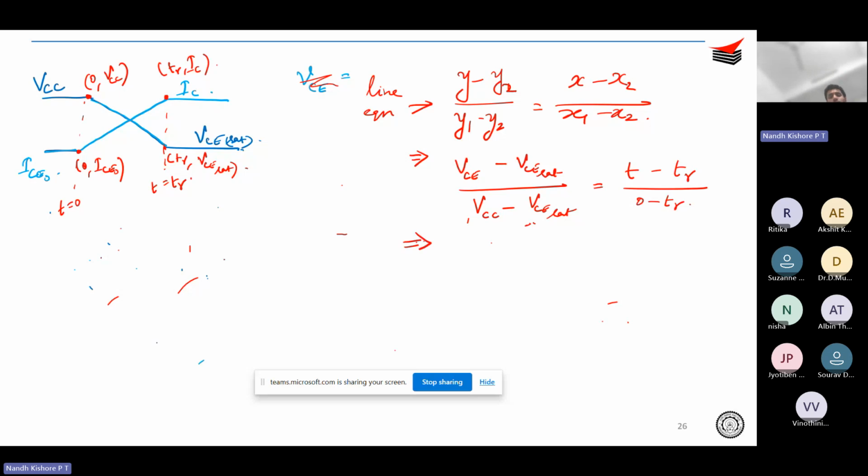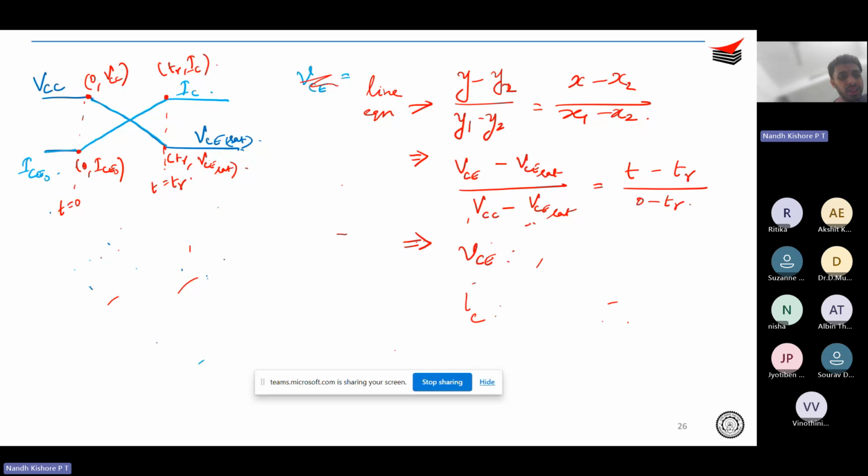So you solve it and then you get what your VCE is. Similarly, you solve and you get IC, right? I'm just telling you the procedure for how to do it. So you get VCE, you get IC, right?